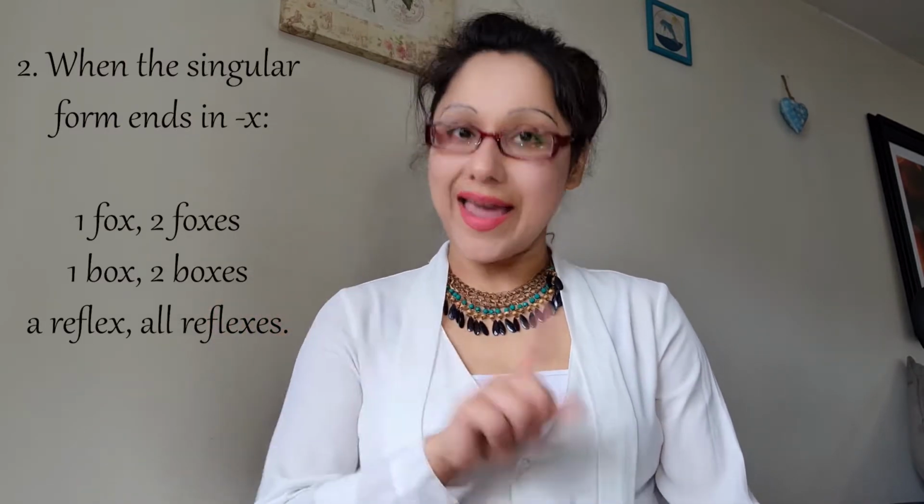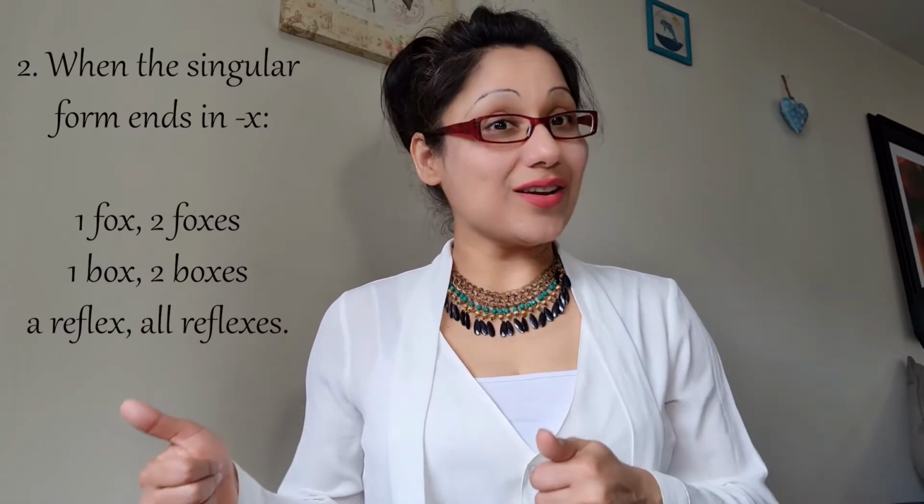One kiss, two kisses. Or one business, with double s, B-U-S-I-N-E-S-S. One business, two businesses. Whenever at the end you have an s or double s, you add es to make it into a plural word.